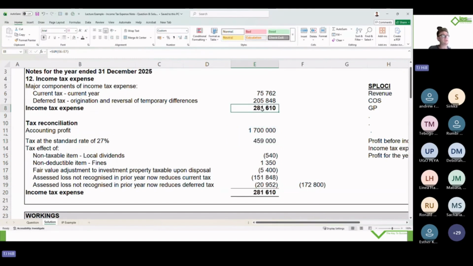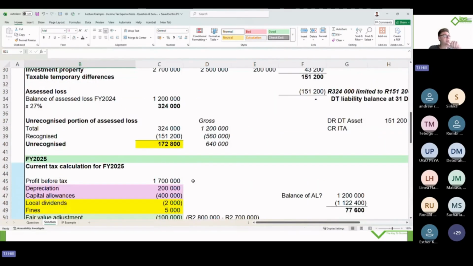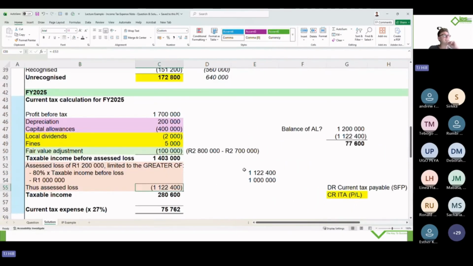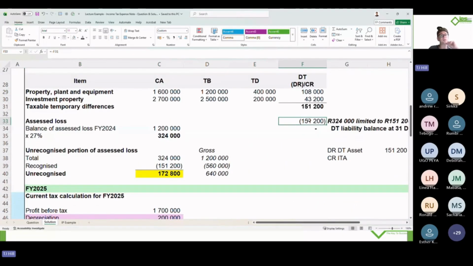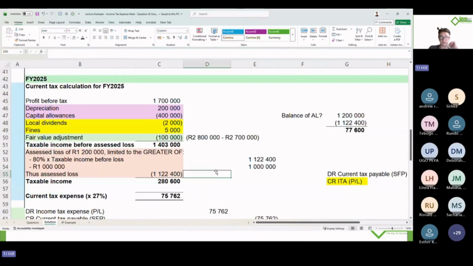But it's coming through in here, a little bit there and a little bit there. And I am now saying to you, where did it come from? Here. Most of it went to current tax, the rest went to deferred tax. Okay. Because if you think about it, of this amount, I did recognize from a deferred tax perspective 151,200, not just the tax effect of that one.